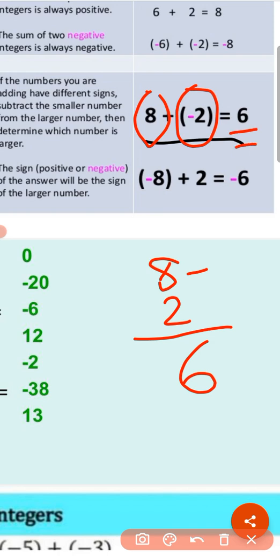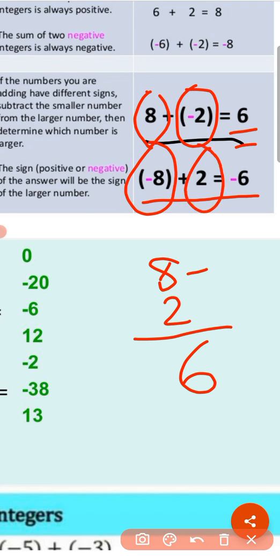In the next example, negative 8 plus 2. Same rule, children. We are adding two numbers with different signs. First number is negative and second number is positive.